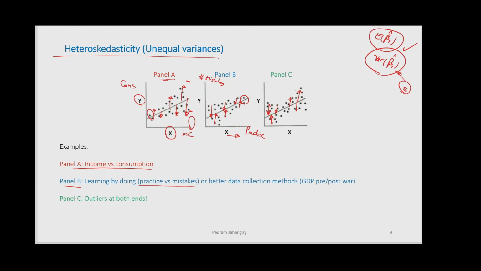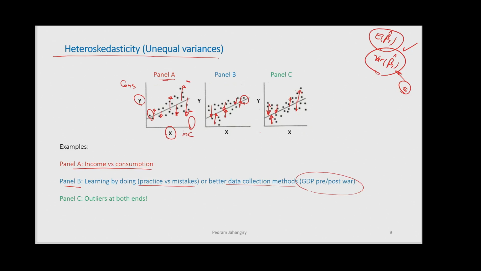The more you practice, maybe the variance of your mistakes is going to decrease. And another example is sometimes it's because of better data collection methods. The example is GDP pre and post-war. So pre-war, if you look at the GDP, actually let me erase these ones.